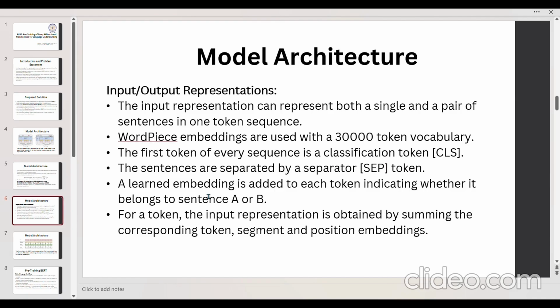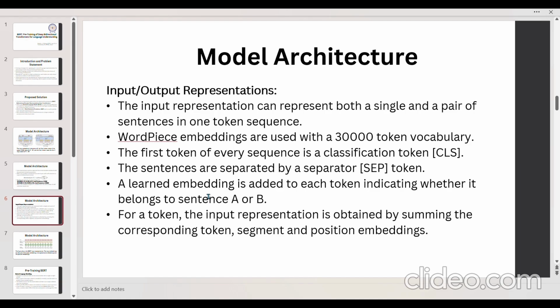Coming to the input and output representations of the BERT model, the input representation in BERT can properly represent both a single sentence and a pair of sentences without ambiguity. A sentence can be considered a random span of continuous text rather than an actual meaningful sentence.